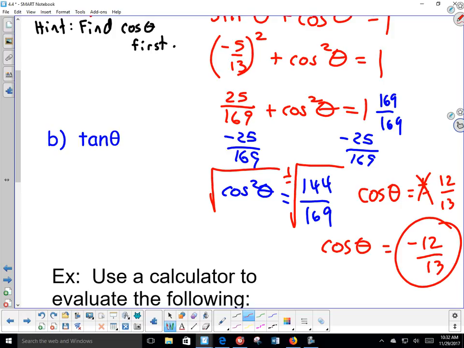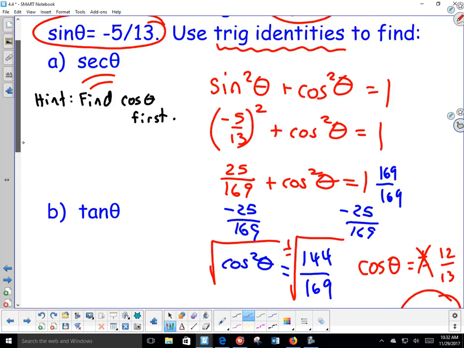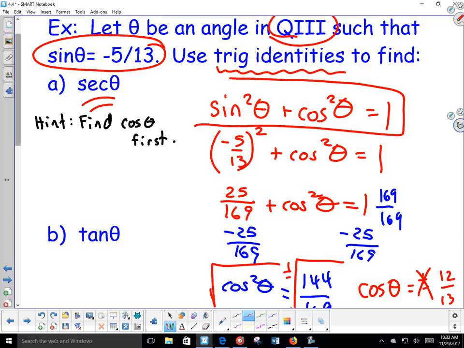All right, and so now what other identity, and I like to put these identities in boxes, have them stand out. What identity would I use to get from cosine to secant?